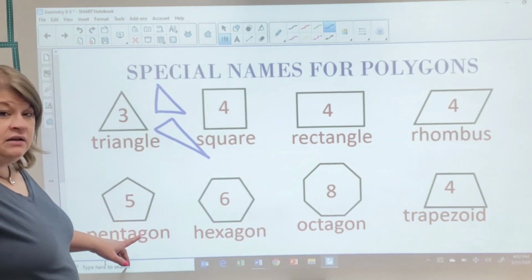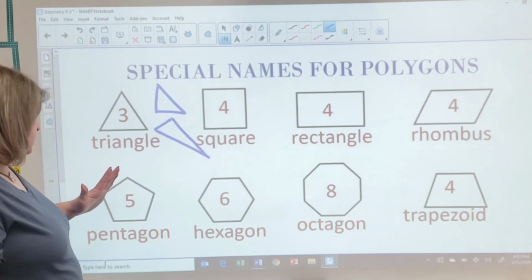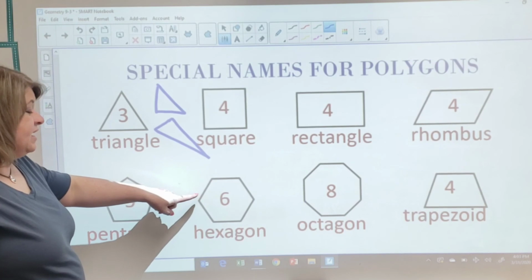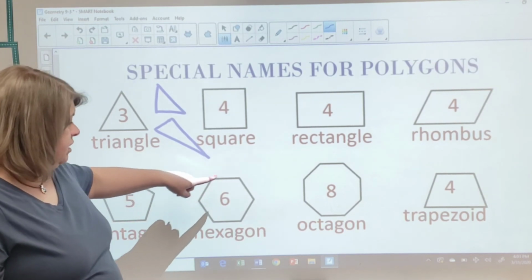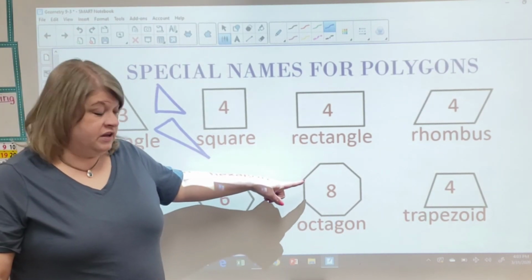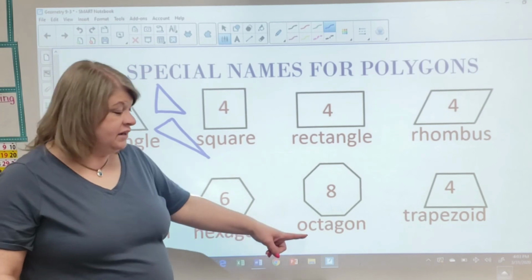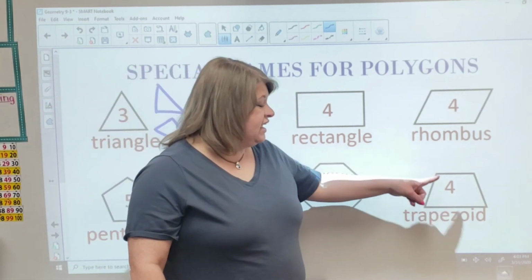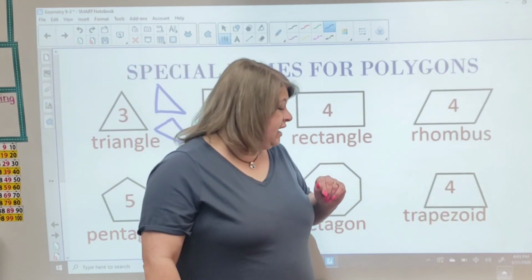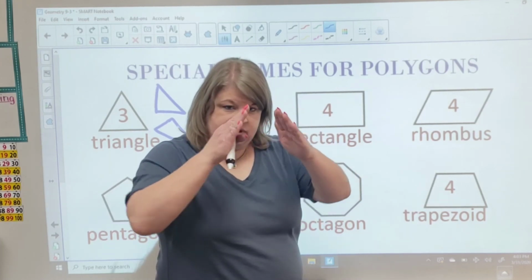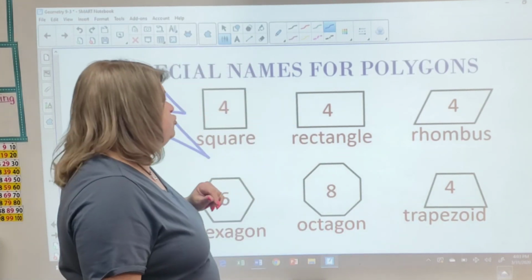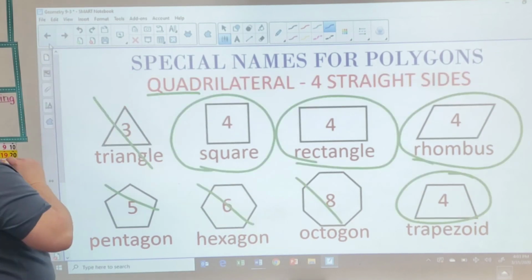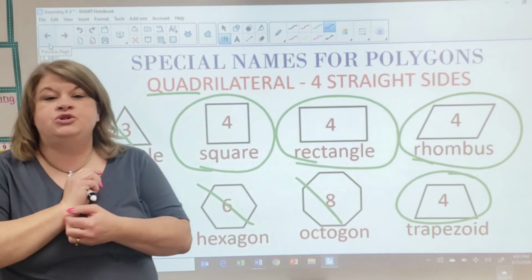A pentagon has 5 sides. A hexagon has 6 sides. An 8-sided figure is called an octagon. And a trapezoid is a 4-sided polygon that has the 2 sides going out. Those are trapezoids.